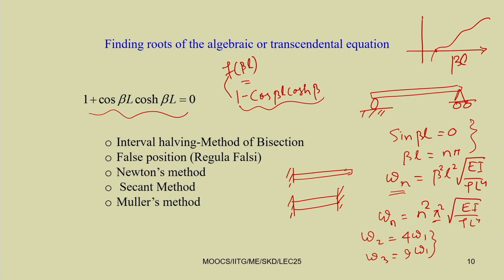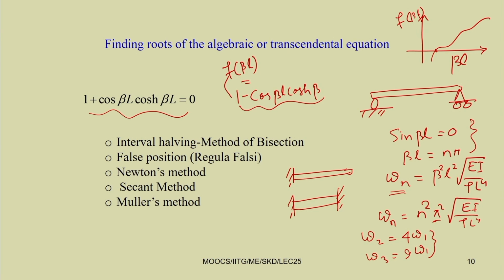So, this is beta L and this is f beta L. After getting the point where it is crossing the 0 line, we can find the beta L value. We have to find this numerically to obtain the value of beta L.